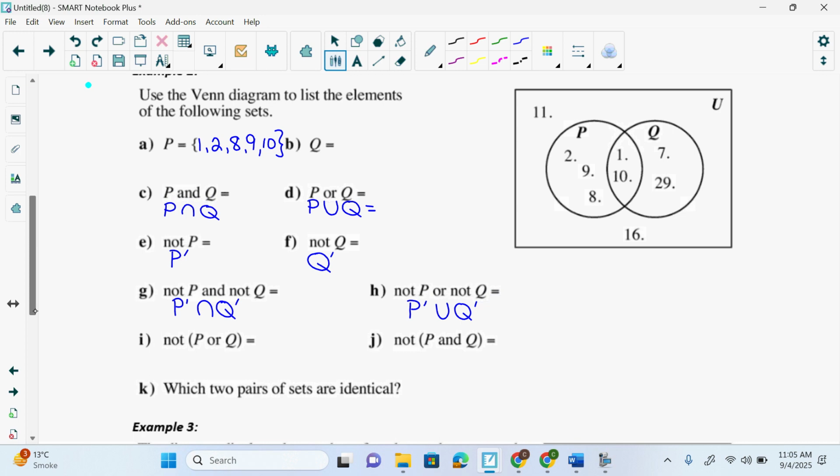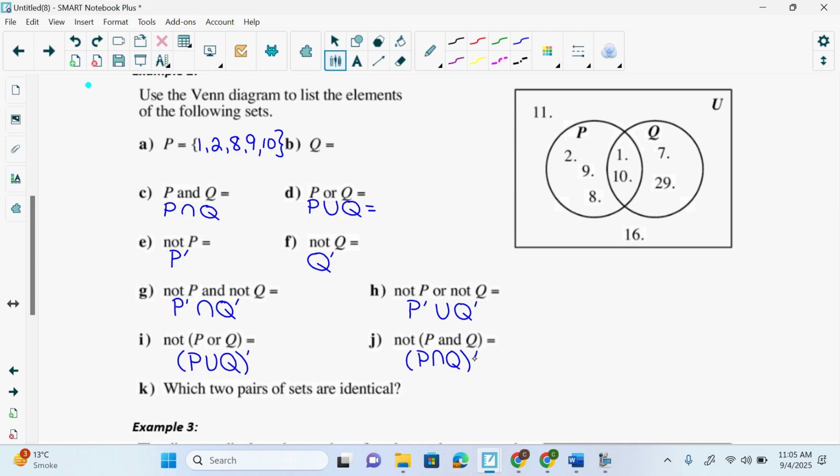Is it the same as this one? Not P or not Q? No, this is not P or Q. When it was not P, I went P complement, correct? If it's not P or Q, I'm going to go P or Q complement. And then not P and Q is P and Q complement.